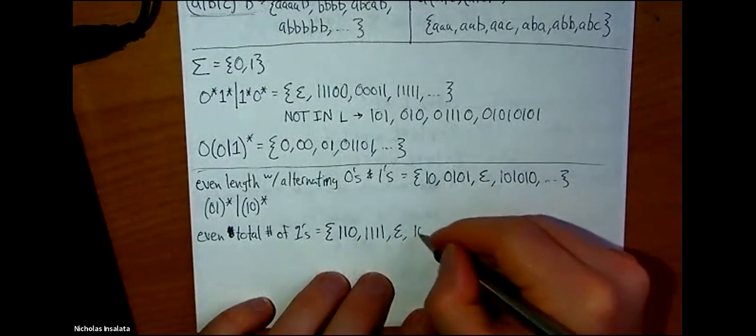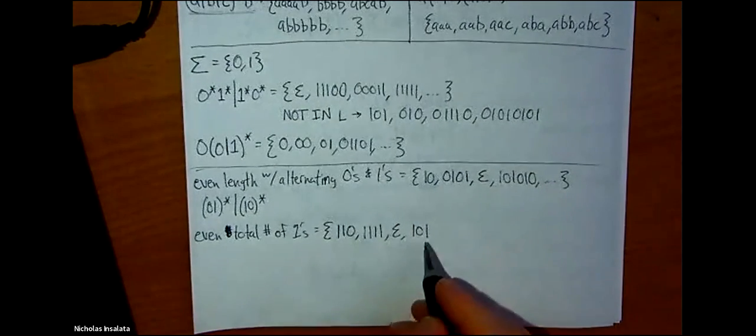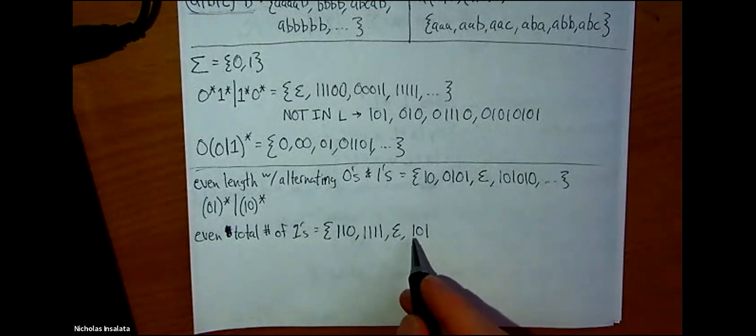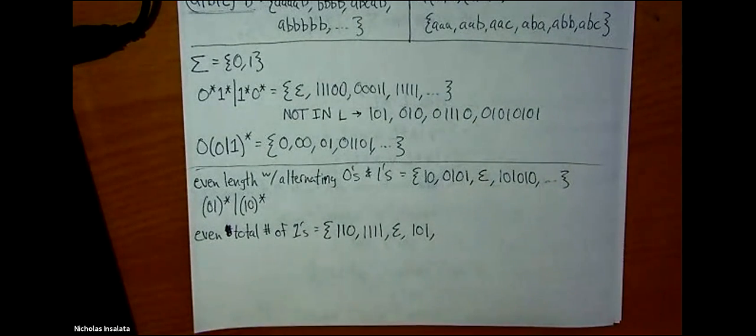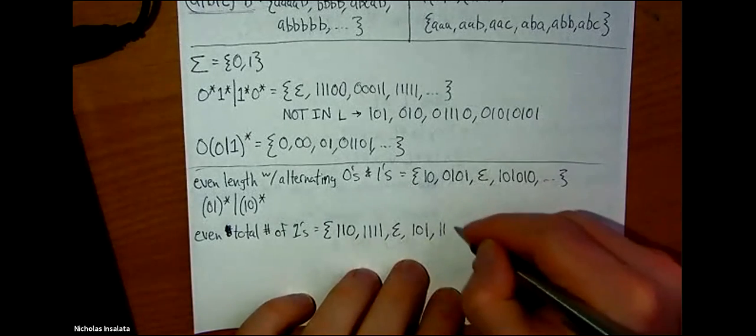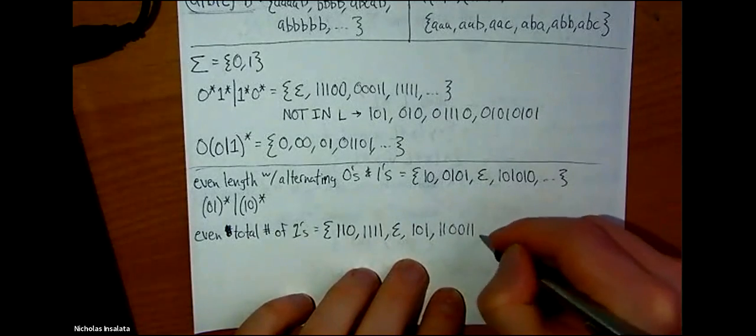101, very nice. Right, we could have the zeros interspersed inside the ones. We still have 2 ones in the string, still have an even number of ones in the string. So we're good on that. Good one, Haruka. Let's have a few more. Maybe 2 more. Okay, 1, 1, 0, 0, 1, 1. Great.